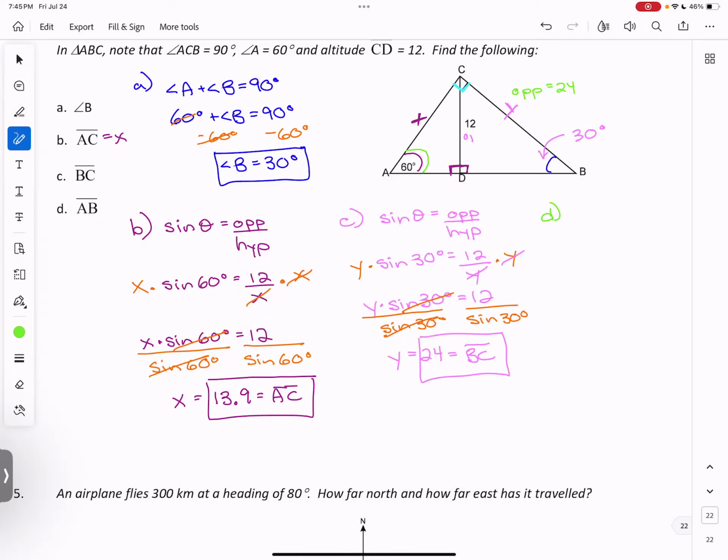And AB, let's call that z. And that would be my hypotenuse. So I need a ratio. Geez, we've used sine a lot today with the opposite and hypotenuse. And that's going to be sine. So sine is opposite over hypotenuse.